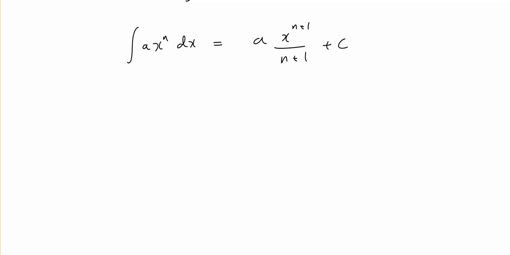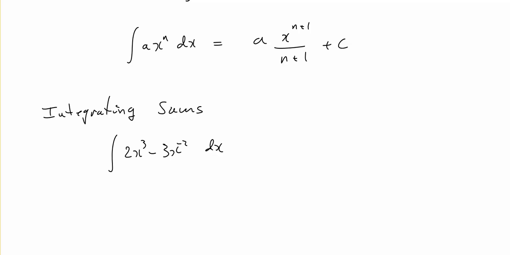So our formula for integration becomes the integral of a x to the n dx equals a x to the n plus 1 over n plus 1, plus c. If we want to integrate the sum of two terms, 2x cubed minus 3x to the minus 2, then just like in differentiation, you integrate each term separately and add them.